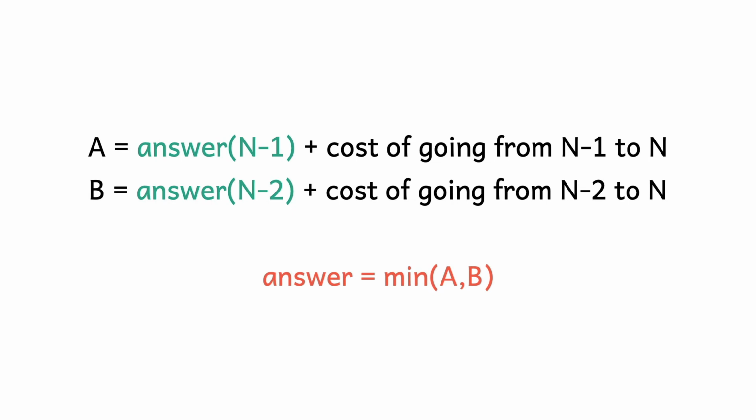So when do we get into situations where we may start asking these questions that don't make sense? So let's think about what happens when n equals 1, for example. If n equals 1 and we try to apply this algorithm, then we will have to worry about answer of 0 and answer of -1. And in some sense, both of these questions don't really correspond to scenarios that exist in the context of our problem.